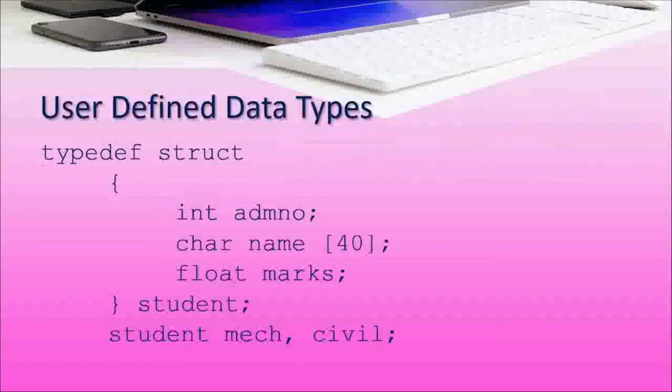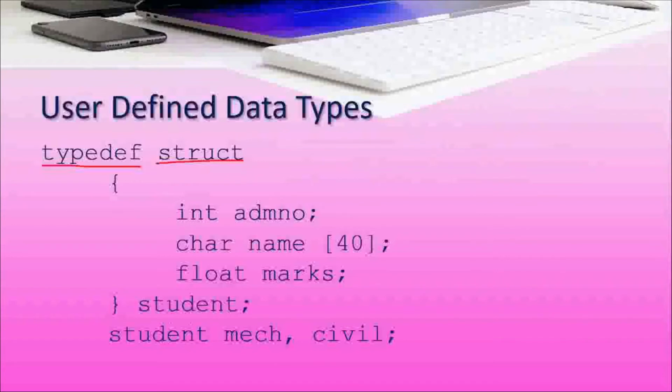Like this: typedef struct, then the braces start, int admission number ADM number, char name 40, float marks, then student. So what we are defining is a structure of type student. But in the other case, if you are using only struct, then you can remove this typedef, then struct student, include whatever is required within the curly braces, and end it with a semicolon.